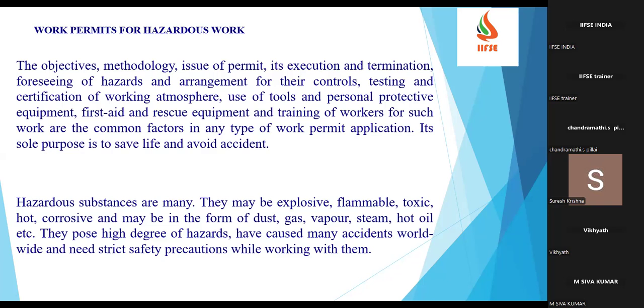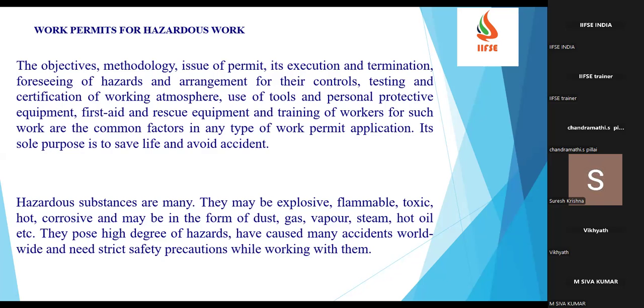It is simple that you have verified the equipment. You are ensuring that the equipment is ready, or the equipment is prepared well for doing the work on that equipment. And use of tools and personal protective equipment, first aid and rescue equipment, and training of workers for such work are common factors in any type of work permit application. Its sole purpose is to save life and also avoid accidents.